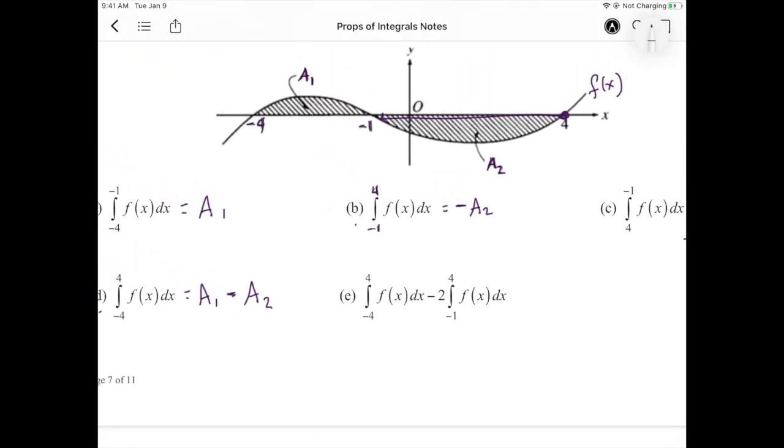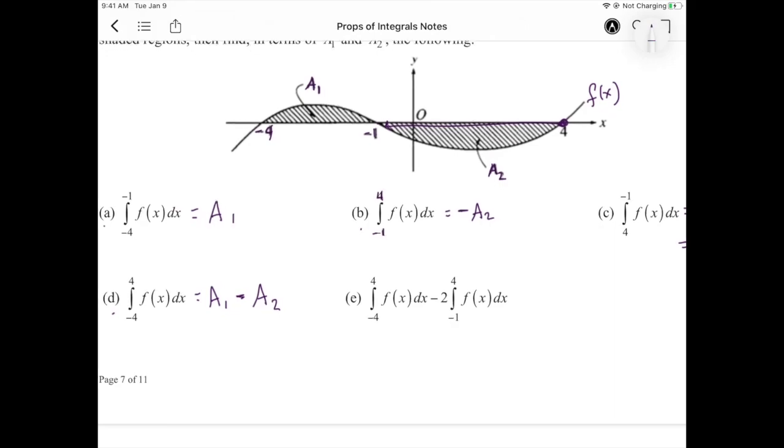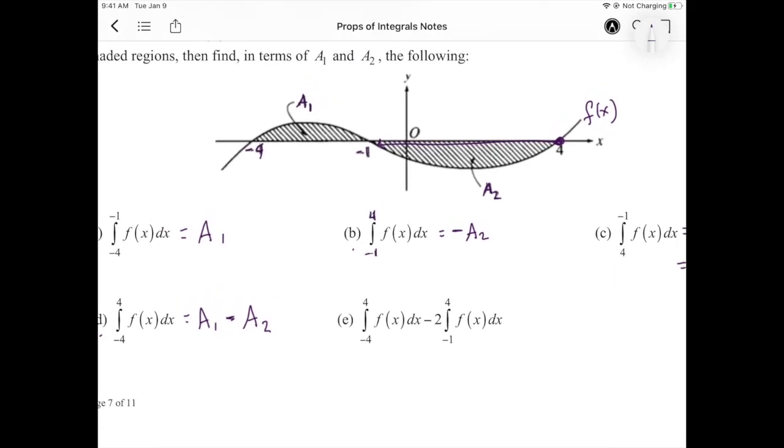Then I can see right here in E, we have the same thing as in D. So I know this first part is A1 minus A2. And then over here, there's a lot going on. So this is the same. I can just multiply times whatever is in this integral. I can see this is the same as what I have up there.